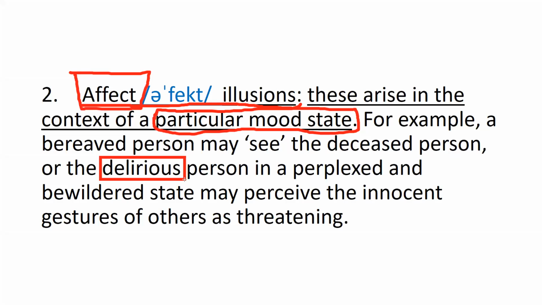So, affect illusions: people misinterpret reality in accordance with the content of their emotions. If they're happy, for example, if they have a mania, if they took a drug, they can perceive an ordinary object as very wonderful, nice and beautiful. For example, a person went to a disco bar or somewhere.